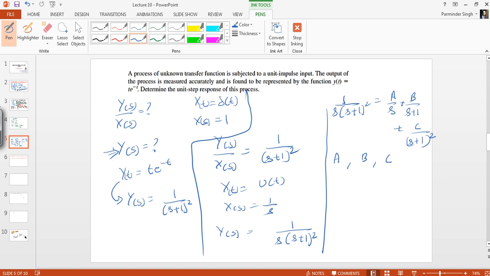I've solved it. A comes out to be 1, B comes out to be minus 1, and C comes out to be again minus 1. Substituting the values of A, B, C in this equation, we have 1 over s minus 1 over (s+1) minus 1 over (s+1) whole squared, and this is your Y(s). Now we can take the Laplace inverse.